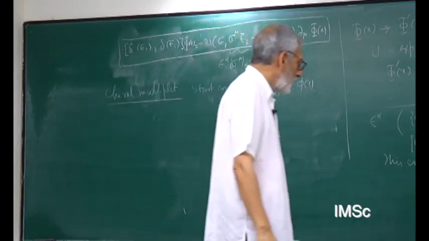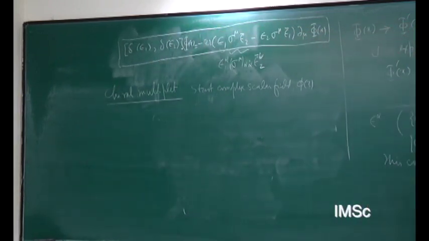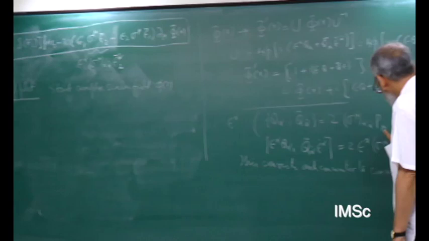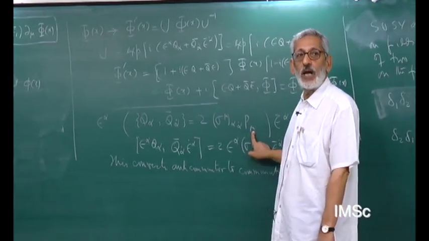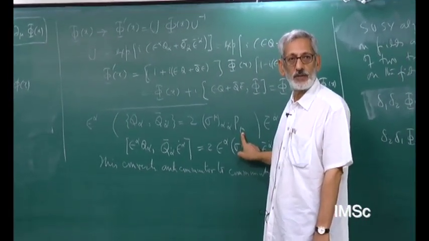Now, P mu has mass dimension 1 in units c equal to 1, h cross equal to 1.